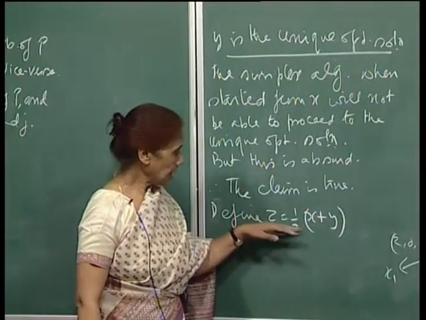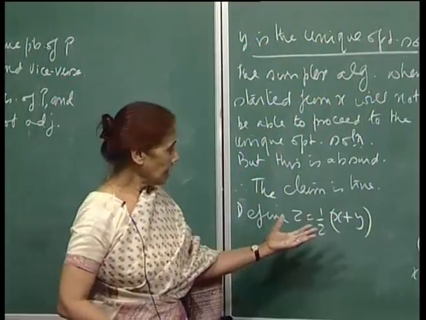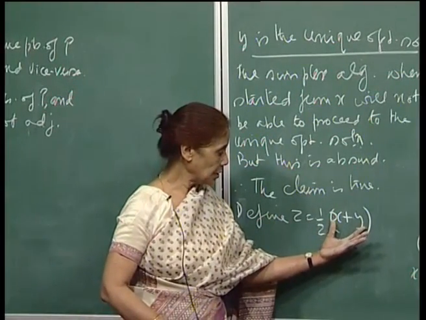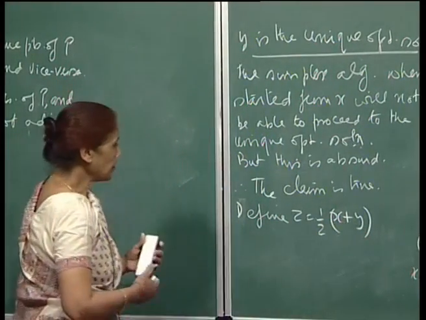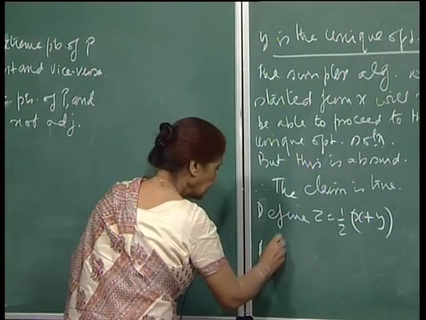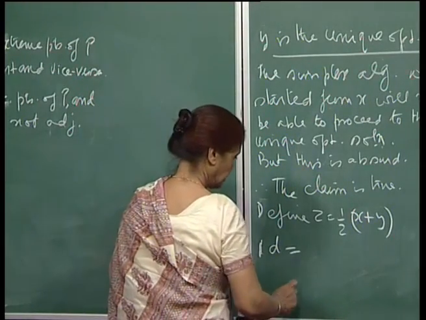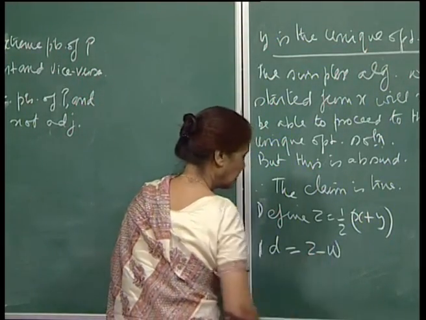Anyway, if we are assuming that the number is more than m plus 1, then all those components here are positive, either here or here. Z is this, and then define a vector d, which is z minus W.